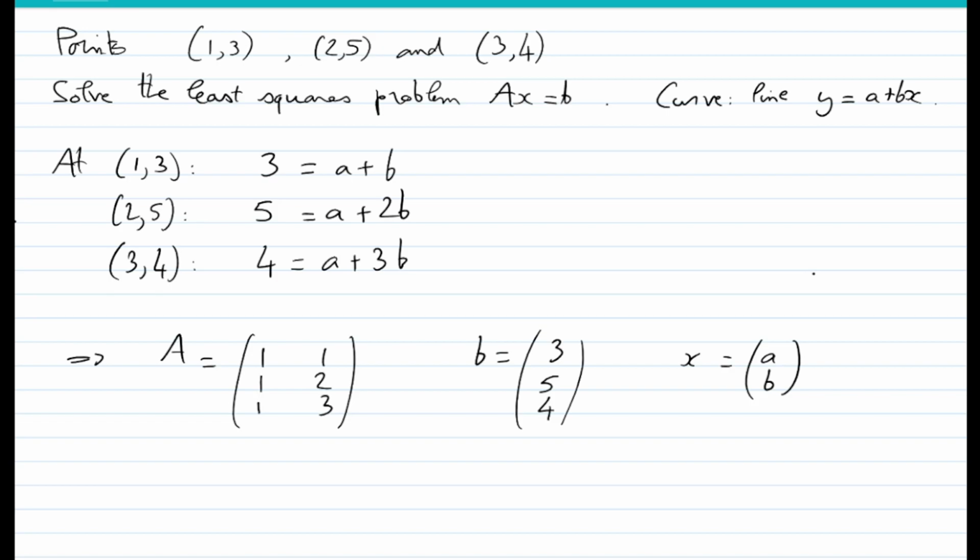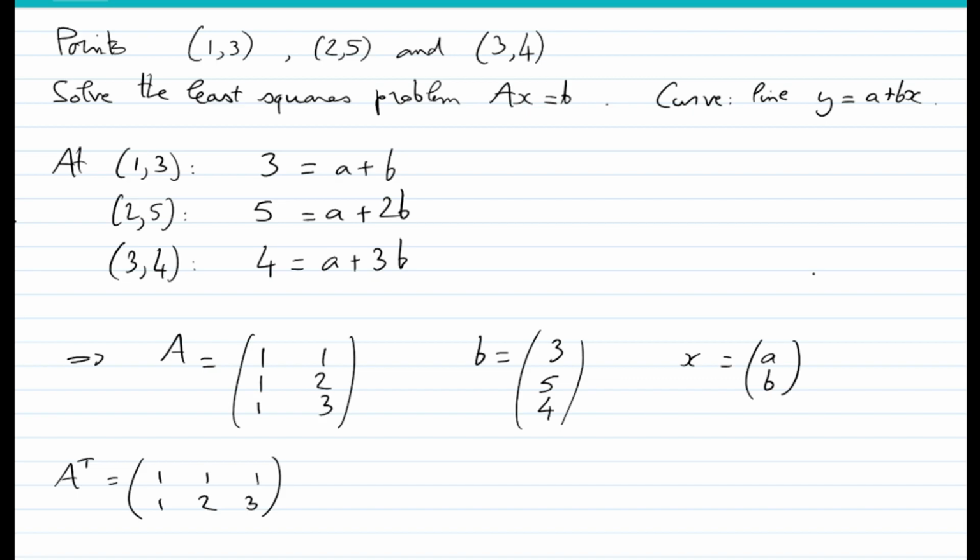Now, we have seen that to solve this problem, we have to look at the matrix A transpose A. A transpose is just the matrix above where I'm flipping rows and columns. So this is the matrix 1, 1, 1, and 1, 2, 3.